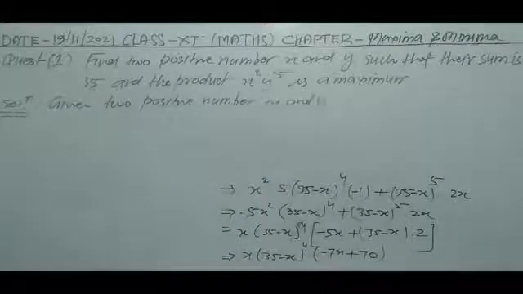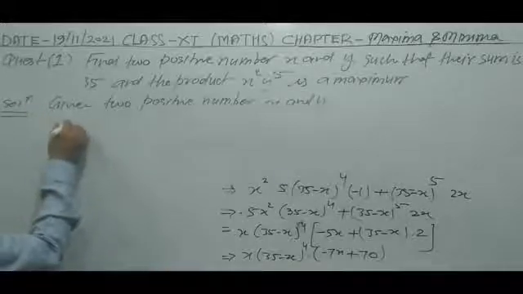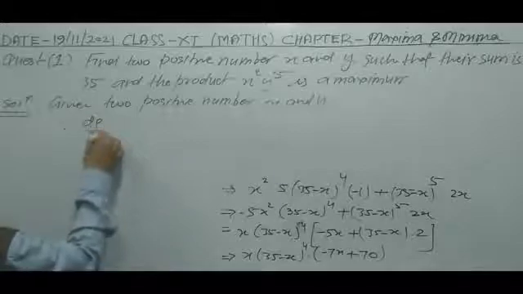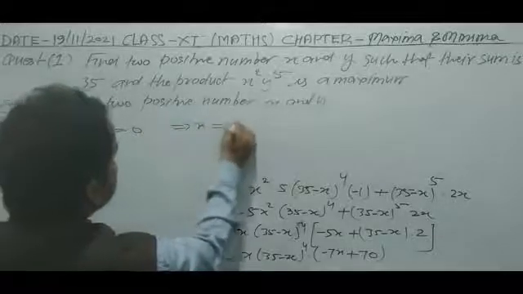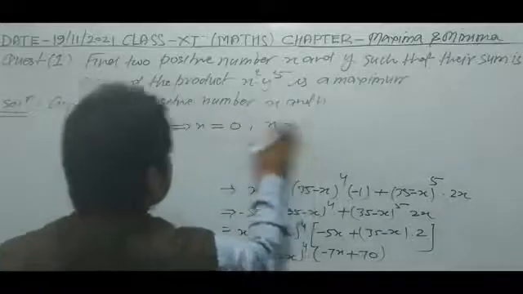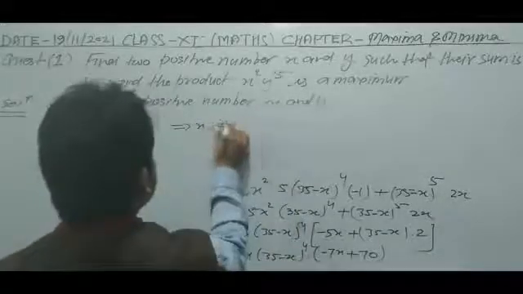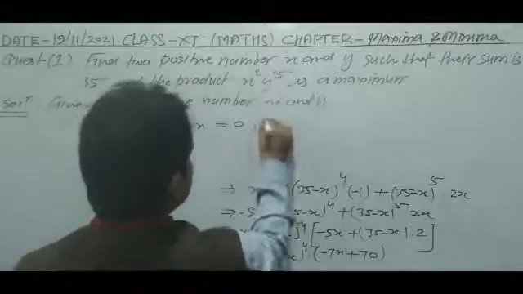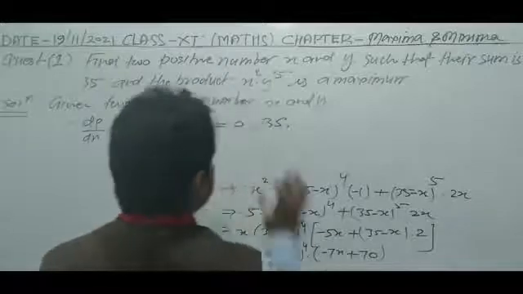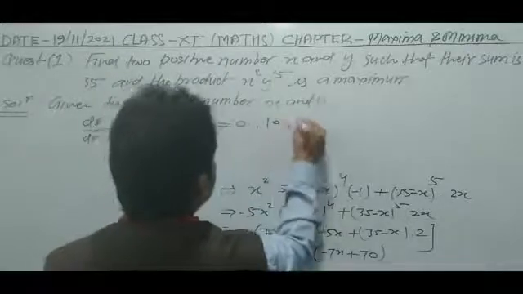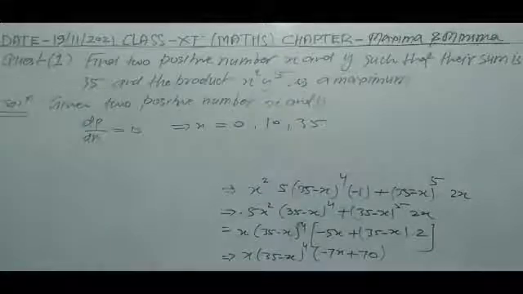For turning points, maxima or minima, you have to equate dP by dx to 0. Since dP by dx is 0, this implies x is equal to 0, x is equal to 35, and from the bracket you get 10. So 0, 10 and 35.